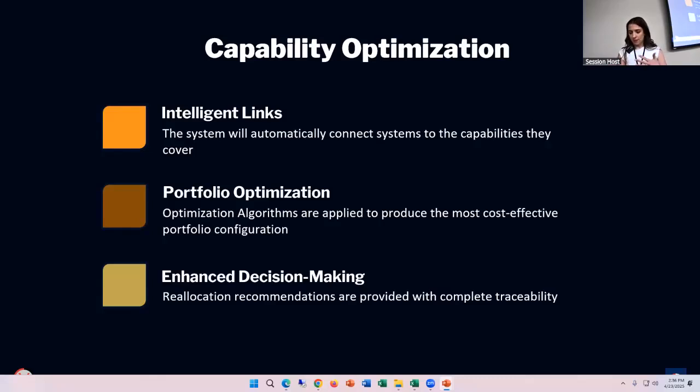So this allows decision makers to get transparent recommendations with complete traceability so that they can make trade-offs confidently. So those are the 3 tools that we have for MSPS to begin with, but as the platform develops and we have different customer needs and requirements, the tools will expand.